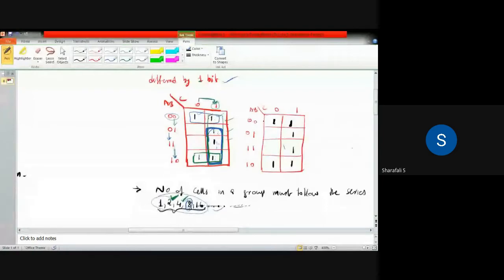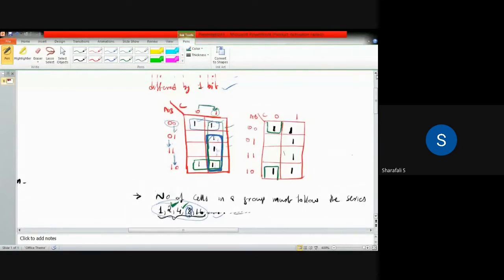Now if you consider these two, whether these two can be grouped or not, that is, whether it is possible or not.